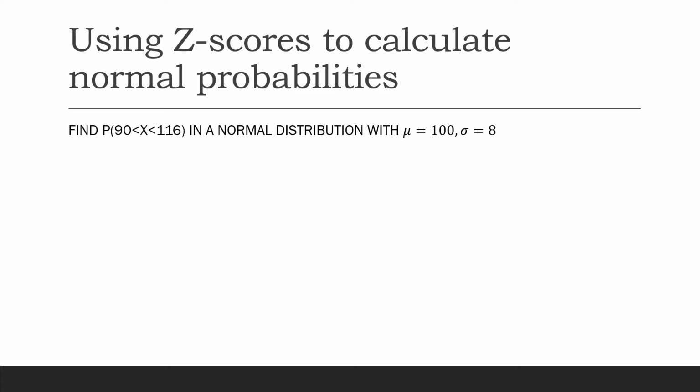So if we wanted to use z-scores to calculate normal probabilities, just to look at how we can do that, first of all, I'm going to use the method that we've seen already in Chapter 11 to find the probability that a random variable x falls between 90 and 116 in a normal distribution with a mean of 100 and standard deviation of 8.